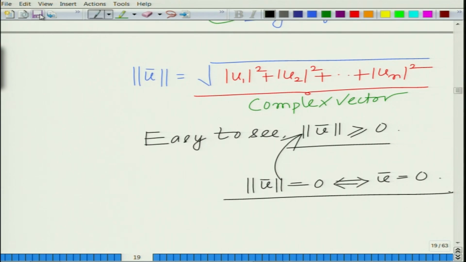That is, the norm or length of a vector is equal to 0 only if u bar equal to 0, which means essentially every ui equal to 0, alright. So, this is essentially the norm of a vector, which is defined as square root of u1 square plus u2 square plus un square for a real vector, and square root of magnitude u1 square plus magnitude u2 square plus magnitude un square for a complex vector, and this is always greater than or equal to 0 except for a vector u bar which is identically equal to 0, that is u1, u2, un, all the elements are 0.